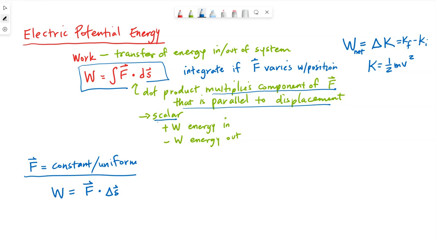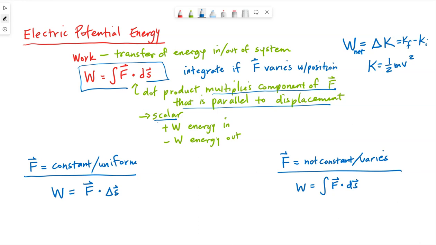We will also look at situations where the force is not constant. It's varying based on where the charge is. In that case, we do have to integrate, which we will do. But I want to start first with a constant or uniform force.